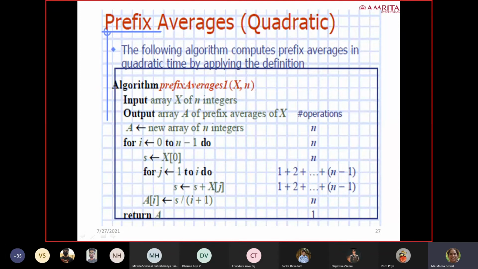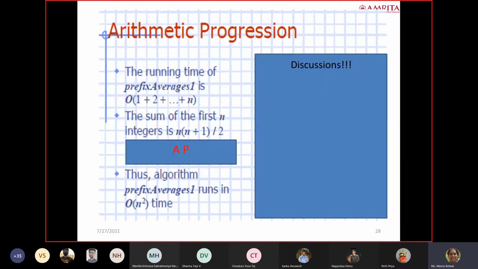That is the sum of the first n natural numbers. So I can say that the running time is O of 1 plus 2 plus up to n. The sum of the first n natural numbers is n into n plus 1 by 2, right? So it's an arithmetic progression. So you know that the algorithmic complexity is O(n square).